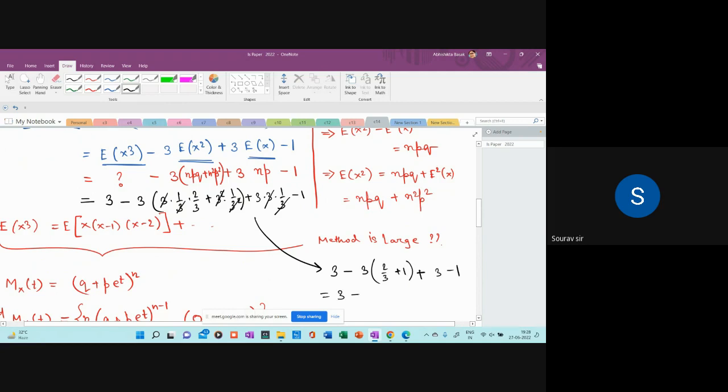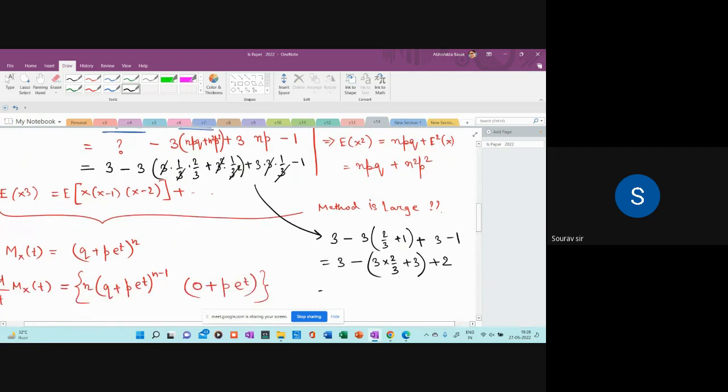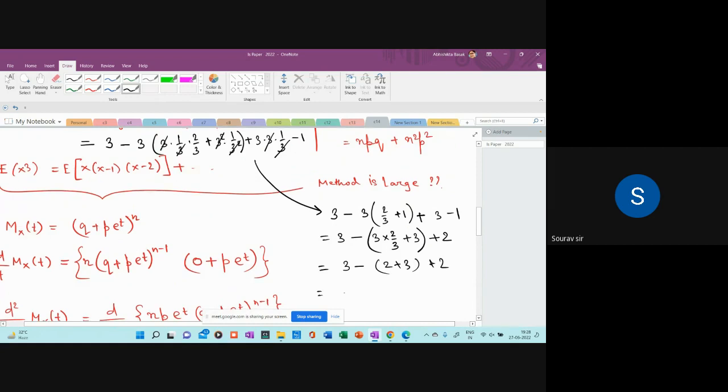So that is giving me 3 minus 3 into 2 by 3 plus 3 plus 2. Again 3 minus 2 plus 3 plus 2, and that is 5 minus 5, that is equal to 0. So the ultimate answer is 0.